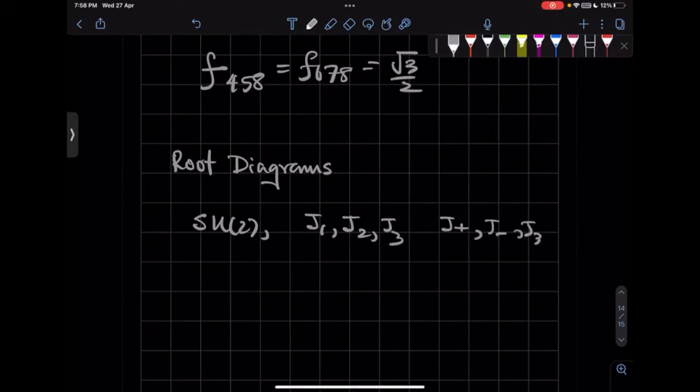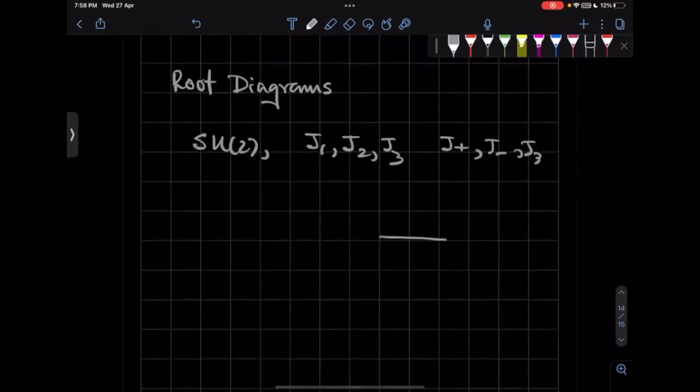We can express J plus as an arrow and J minus as an arrow. J plus is increasing the J3 eigenvalue and J minus is decreasing the J3 eigenvalue. So this is an example of a root diagram.